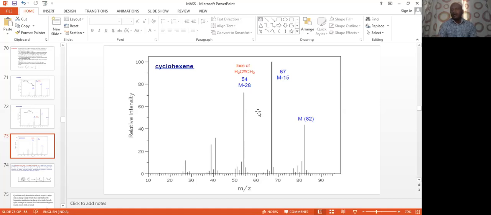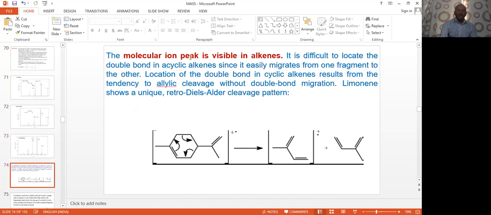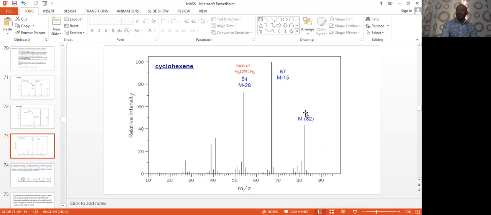We have already discussed this: you calculate the exact molecular weight, and M minus 28 represents CH2=CH2 as a neutral molecule. So these are the characteristic peaks of the alkenes, whether it is a cycloalkene or otherwise. We have discussed the molecular ion peaks anyway, and they are visible. So here you can see the alkenes' molecular ion peak.